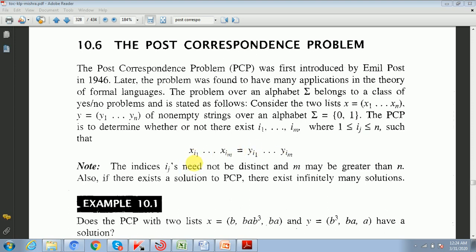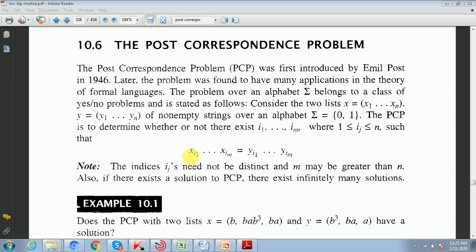So, for example, take xi, xj, xk and so on up to xim. It means, for example, if I place x1, x2, x3 here, I should place y1, y2, y3 there. If the concatenation of x1, x2, x3 is equal to the concatenation of y1, y2, y3, we can conclude that the PCP has a solution. You may repeat any xi.